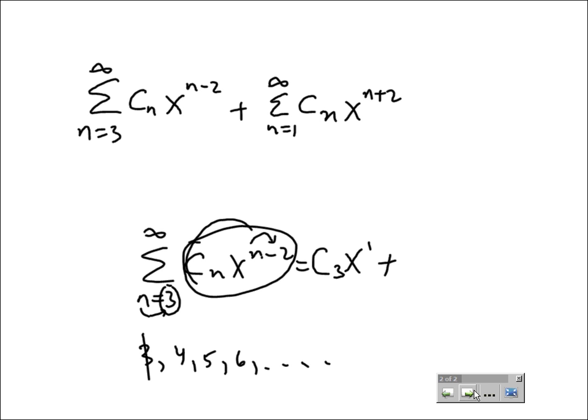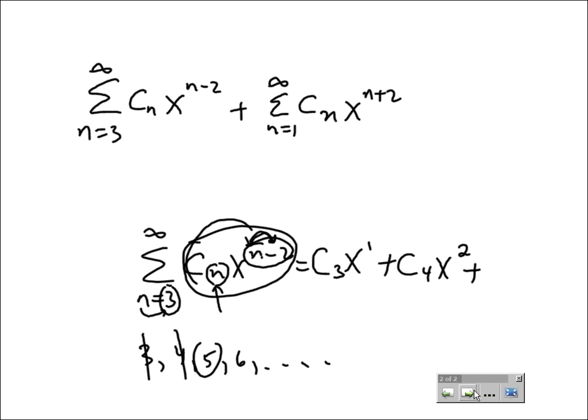So we dealt with 3. Now we'll let n be 4. It's going to be c sub 4 x to the 2, because if n is 4, and you take away 2, just like it says to do in the power, you get 2. And now n is 5.